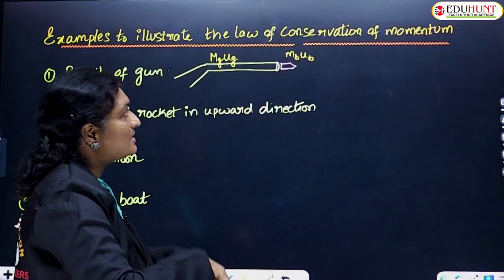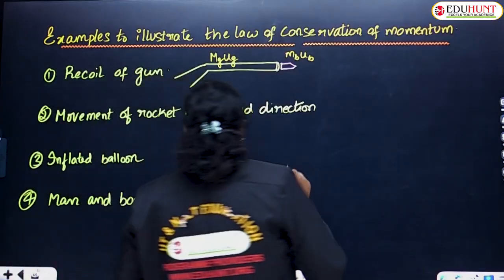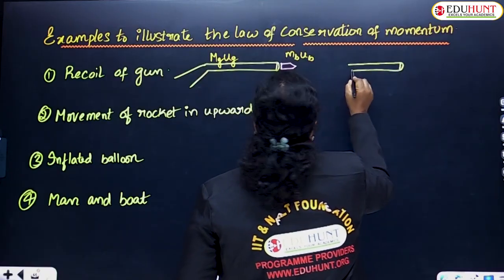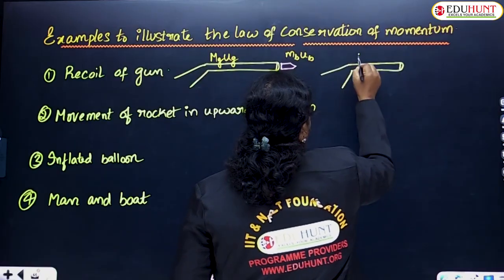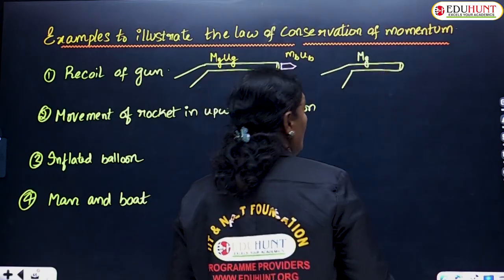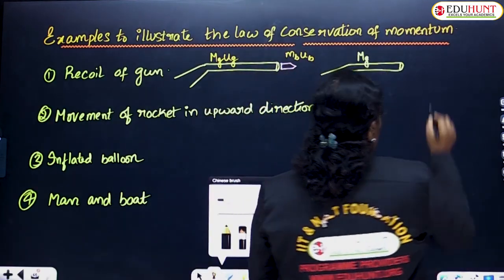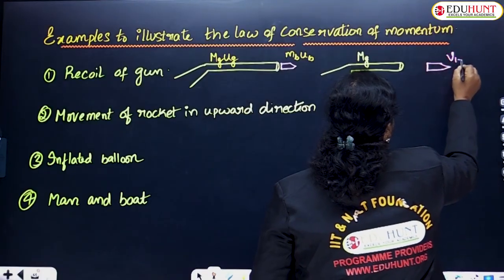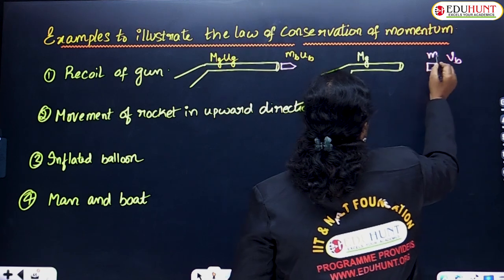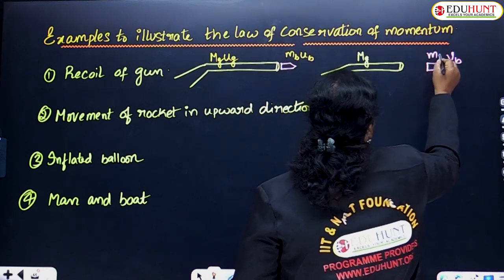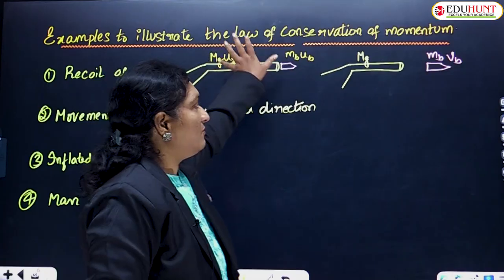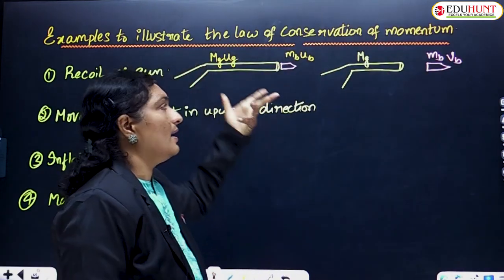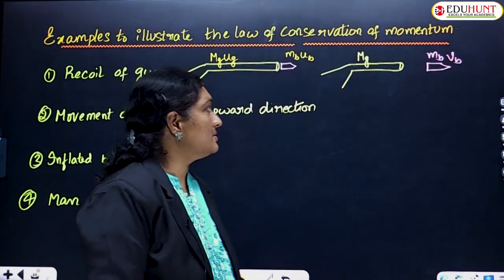When the bullet is being fired, the mass of the gun again remains the same, that is mg, whereas the bullet moves forward with some velocity, let the velocity of the bullet be vb, and the mass of the bullet is as usual mb. The mass of the bullet before and after firing is mb, and the mass of the gun before and after firing remains the same, that is mg.